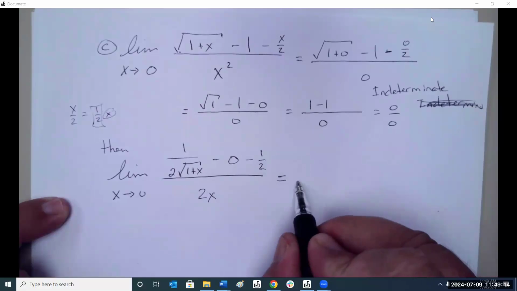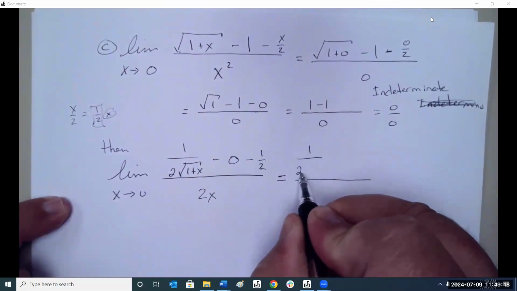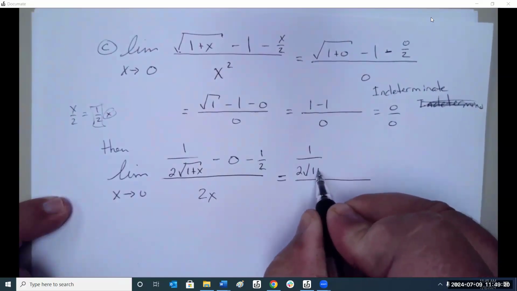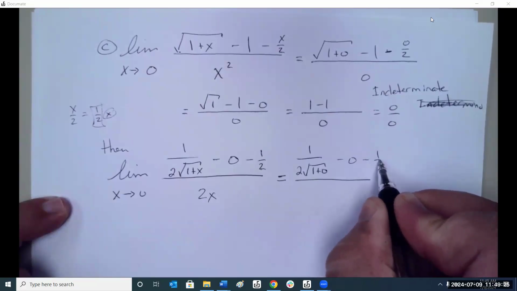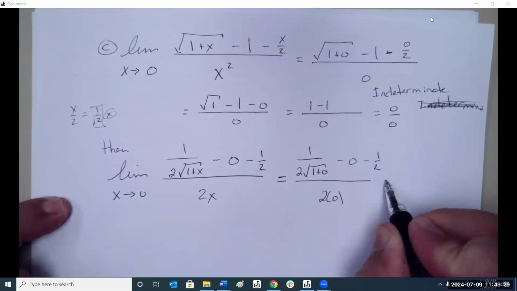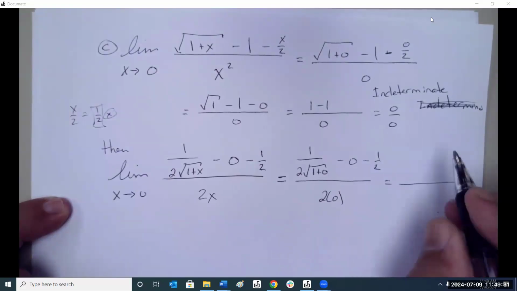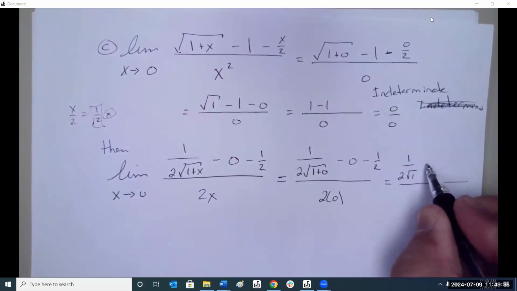Plug in 0. We got 1 over 2 times 1 plus 0, minus 1/2, over 2 times 0. One over 2 square root of 1.